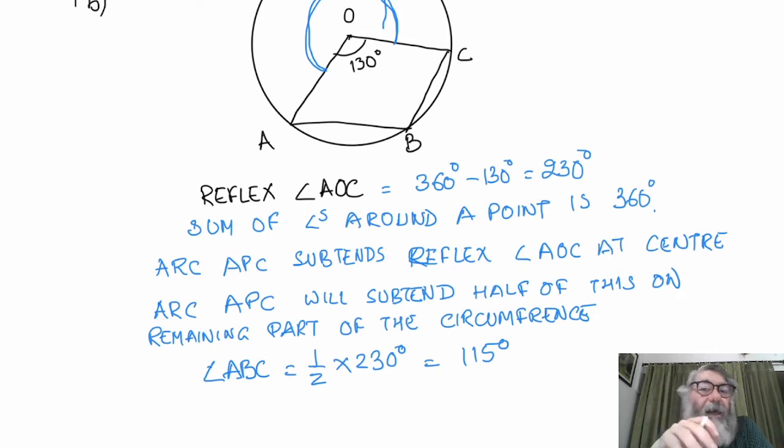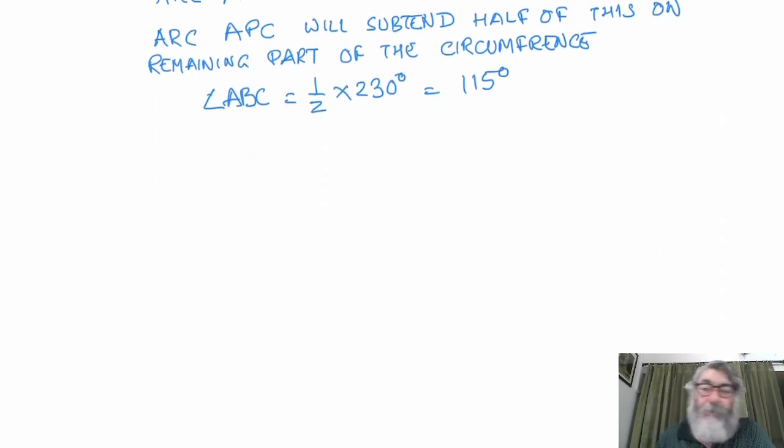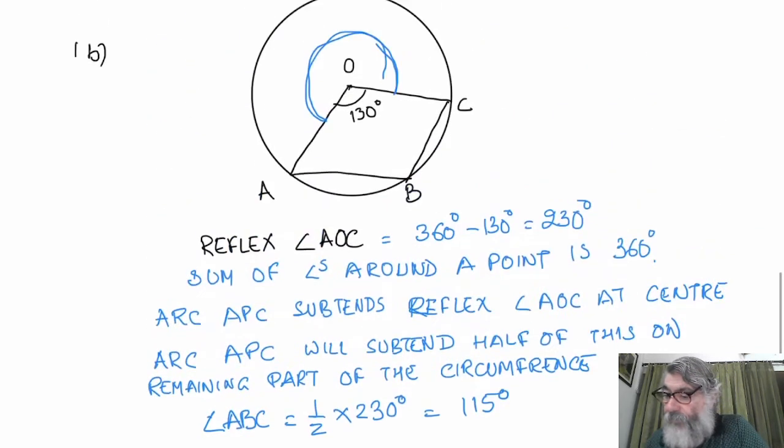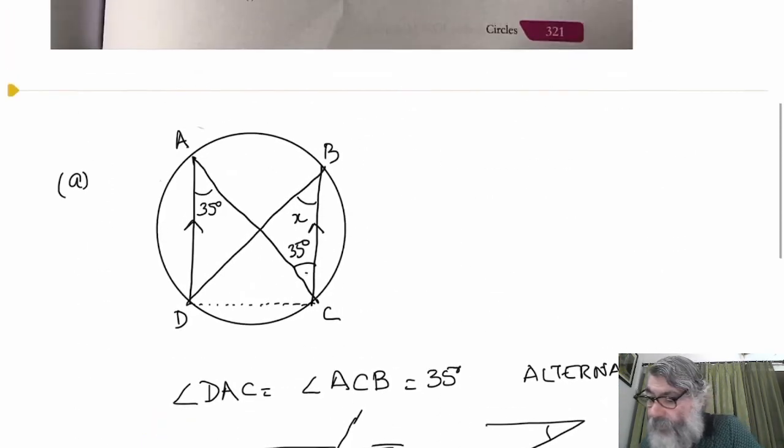If a major arc is subtending an angle at the center, it will be reflex. If a minor arc is subtending an angle at the center, it will always be non-reflex, less than 180 degrees. It will never be more than 180 degrees. Let us see the next question.